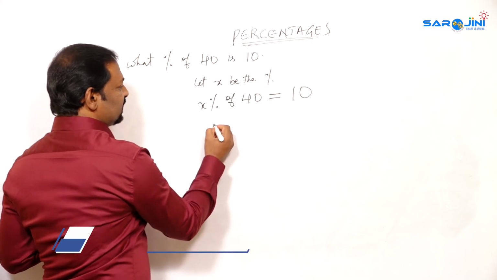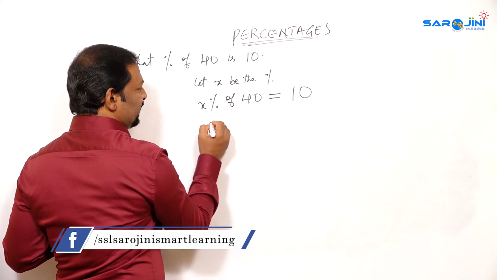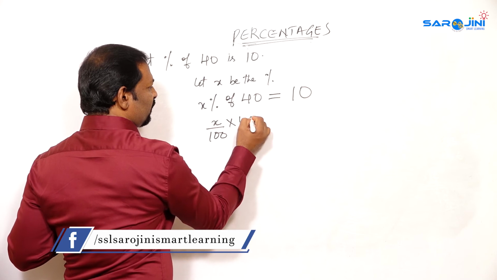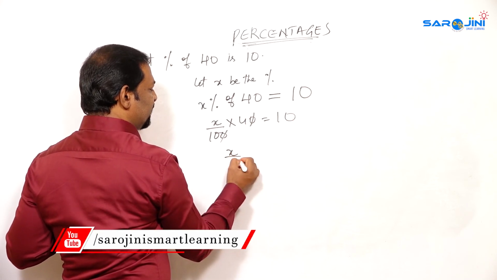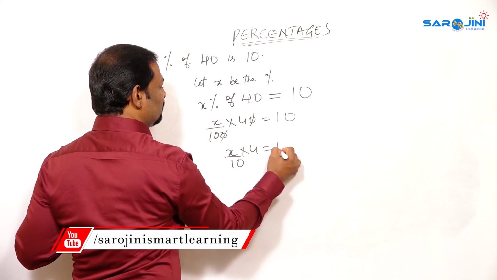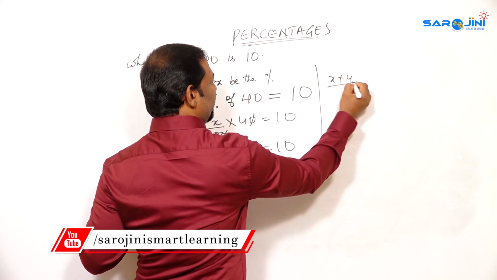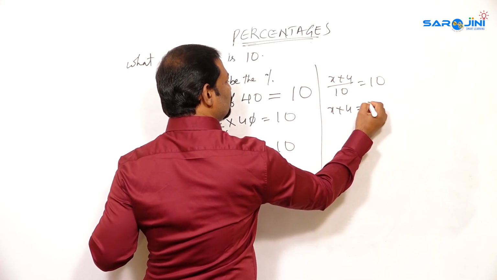This is the equation: x by 100, since percent means by 100 only, into 40 is equal to 10. The 0 gets cancelled. x by 10 into 4 is equal to 10. So x into 4 by 10 is equal to 10.